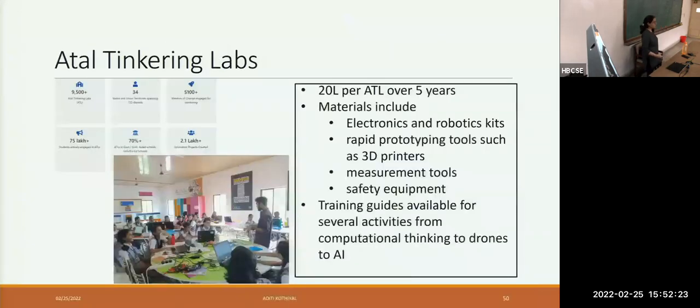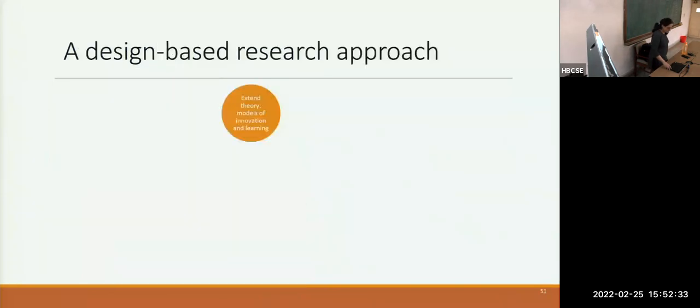Given that so much money has already gone into it, it makes sense to analyze this very systematically to understand what it is that they could be bringing. So I want to again bring a design-based research approach where we extend theory, like we said, we bring the 4E cognition models and talk about what they tell us about innovation learning.